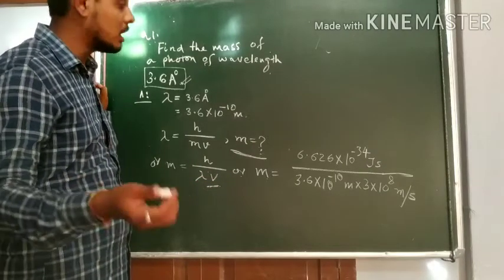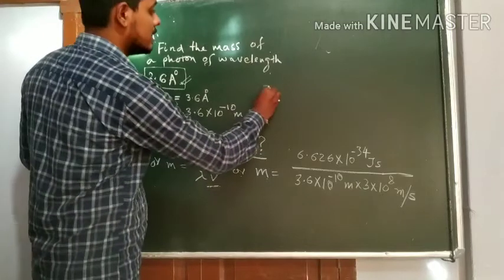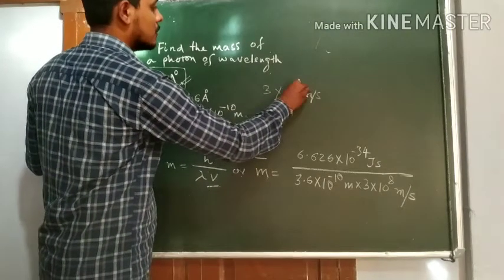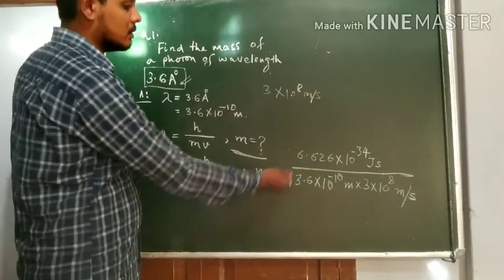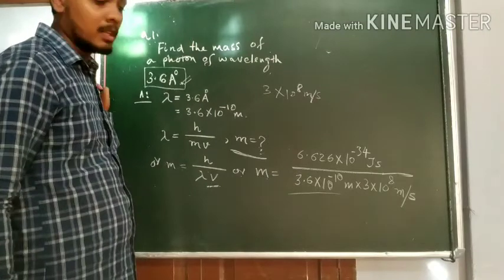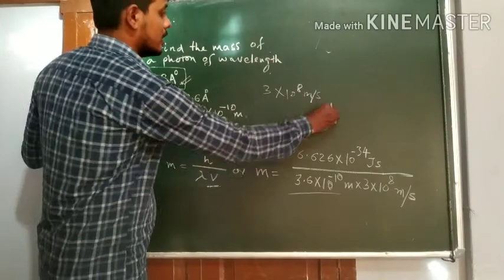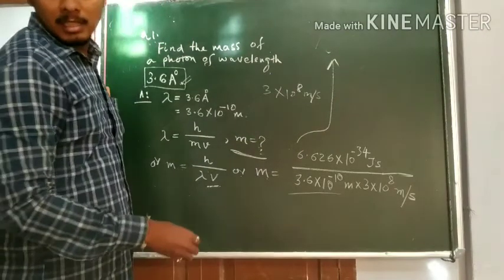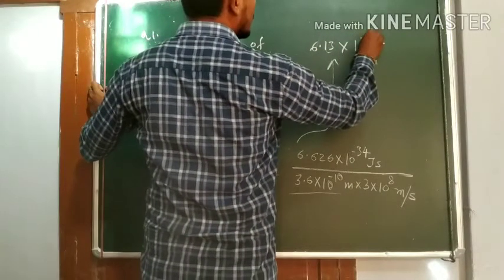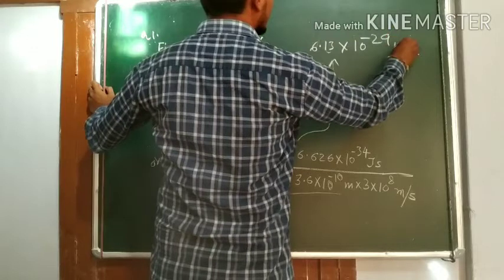The velocity of a photon is the velocity of light, which is 3 into 10 to the power 8 meter per second. If we calculate h by lambda v, we get the result as 6.13 into 10 to the power minus 29 kg.